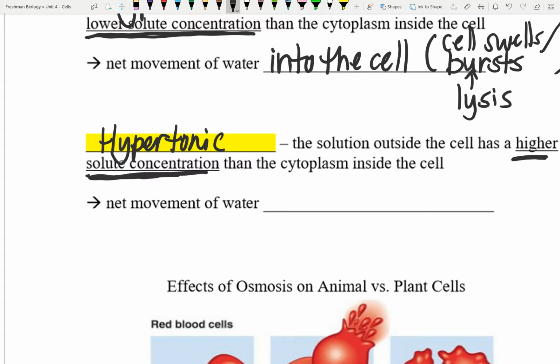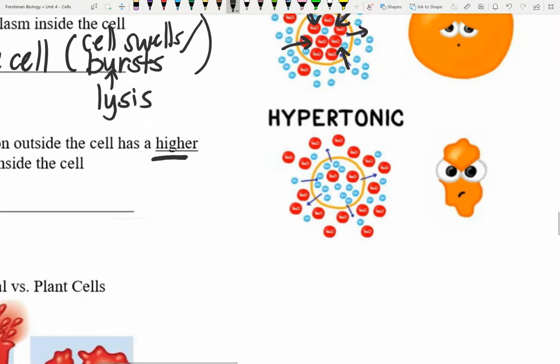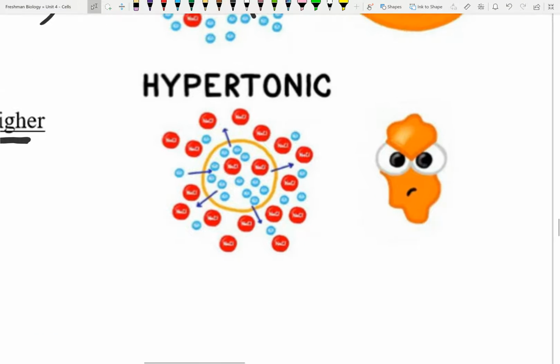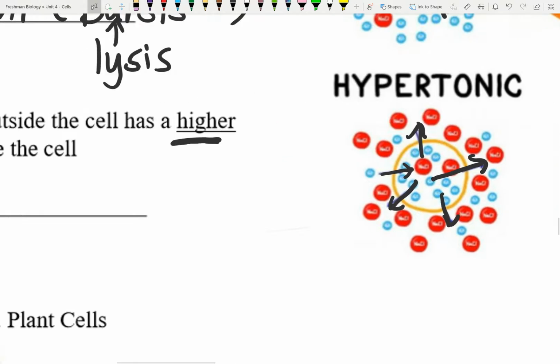Here there's a higher solute concentration outside of our cell. So you can see on the outside of the cell, there's a lot of solute, less water. So the water is going to move from where there's more water to where there's less water. Overall, there's more water leaving. Could be some passing in the direction inside, but there's a net movement out, and we can see our cell shrinks.